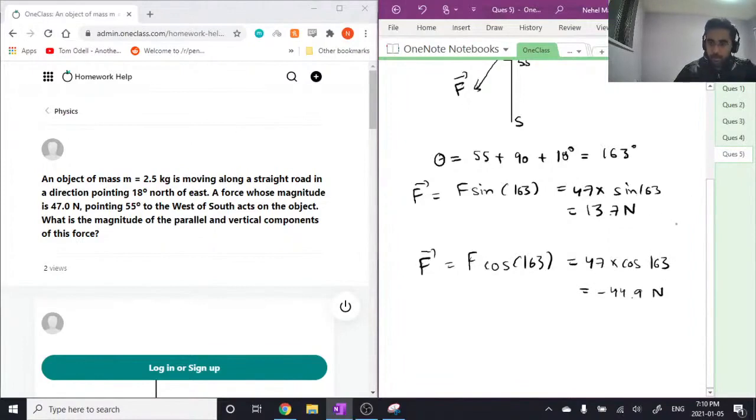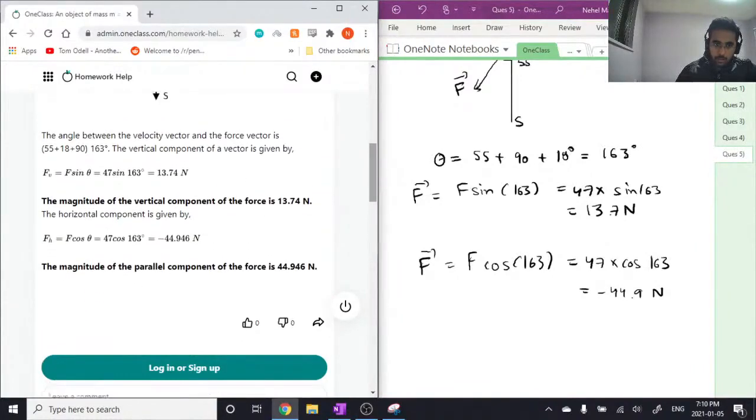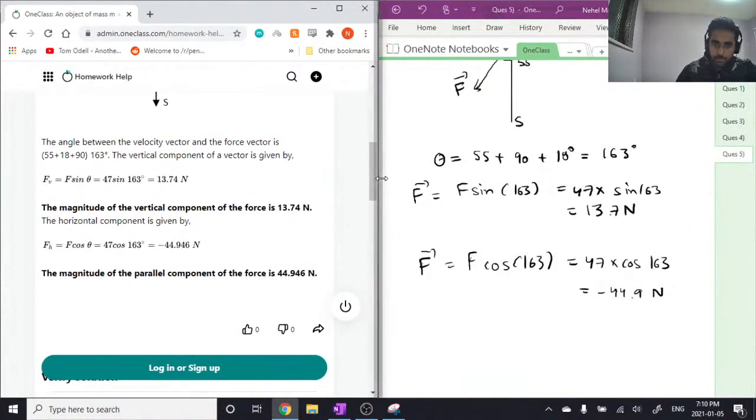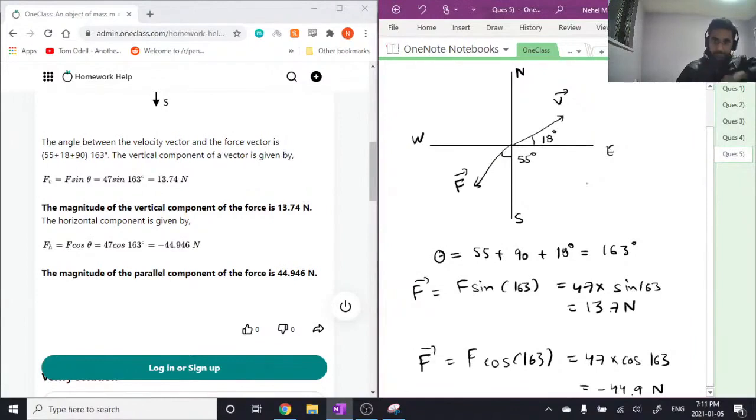Okay, so when we resolve this, this would be acting like this. This would be one component like this and one component like this. So the vertical component would be, okay, that makes sense.